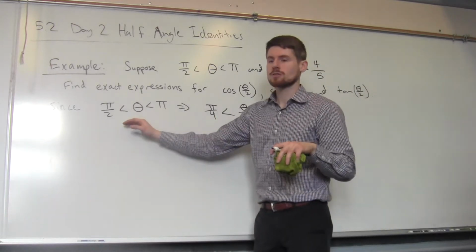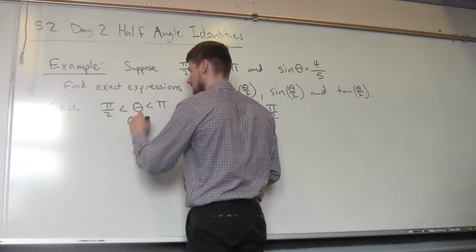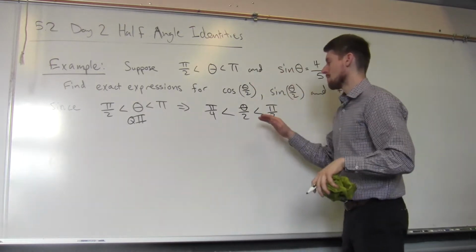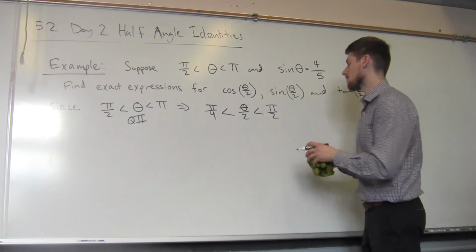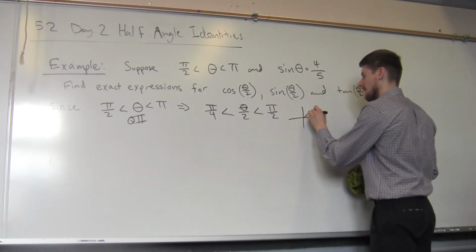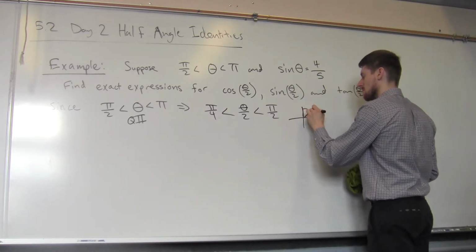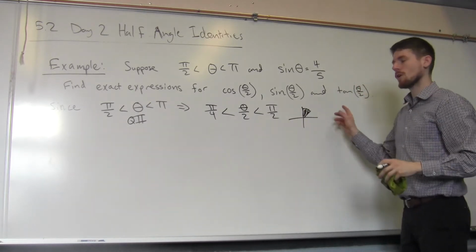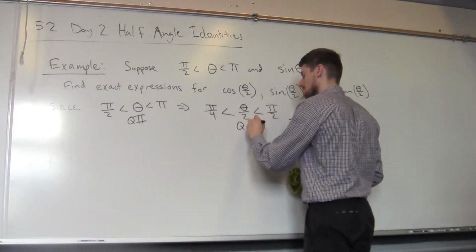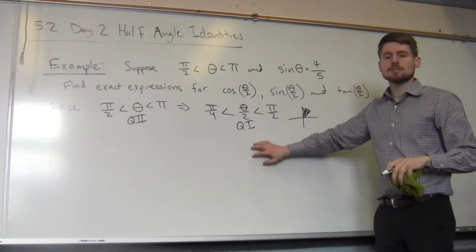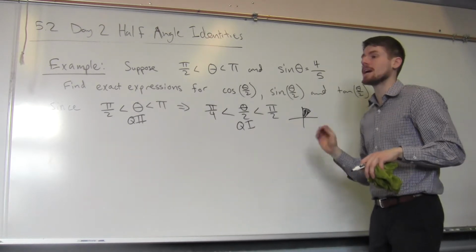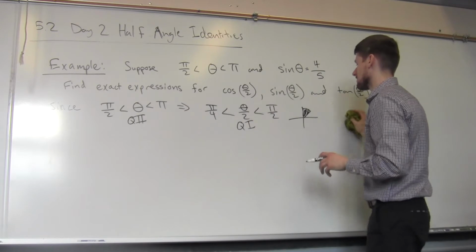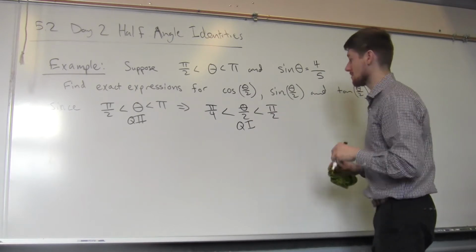Theta was originally in quadrant 2, but pi over 4 is like there, pi over 2 is here, so theta over 2 is somewhere in here, which is quadrant 1. This is going to help me answer the sign question at the end, which is which root to take. Do I take the positive root or the negative root? I'm going to take the positive root.